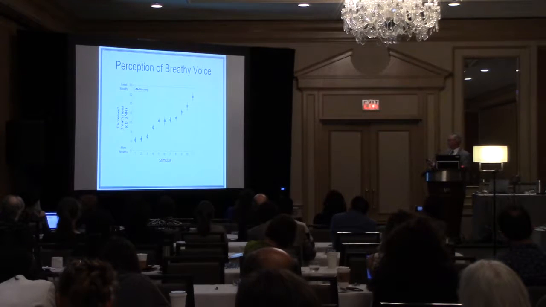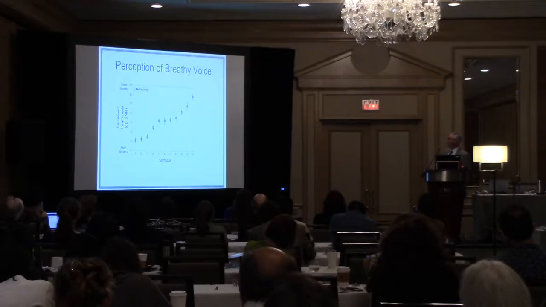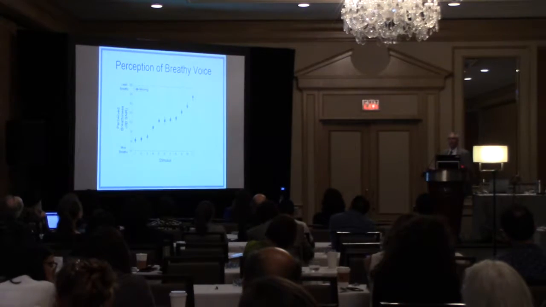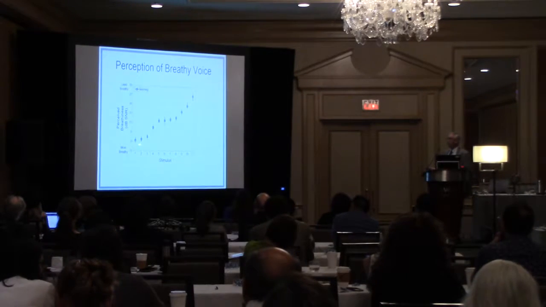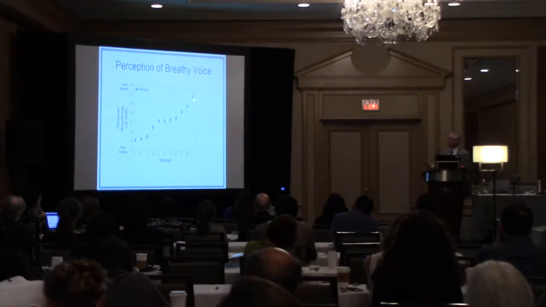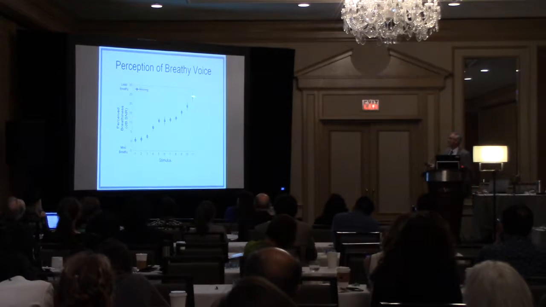We were able to measure with very high precision voices that ranged from extremely breathy, where the signal to noise ratio, the ratio of the harmonics to the turbulent background noise, was almost 1-to-1, giving you 0 dB, to very clean, least breathy voices, where the signal to noise ratio is 25 dB.